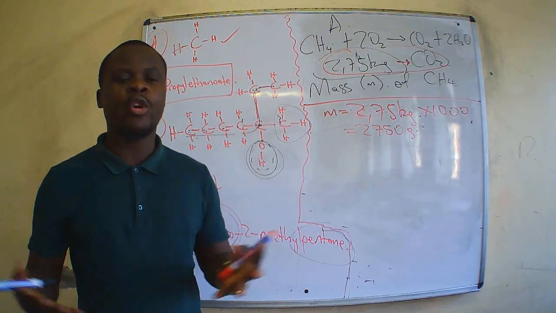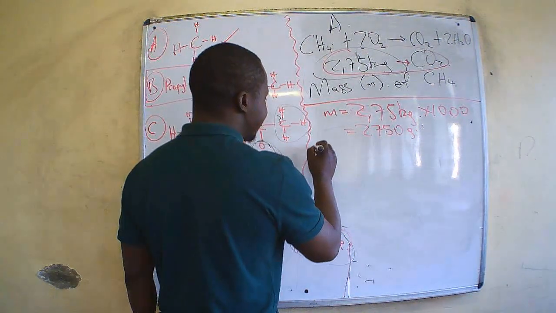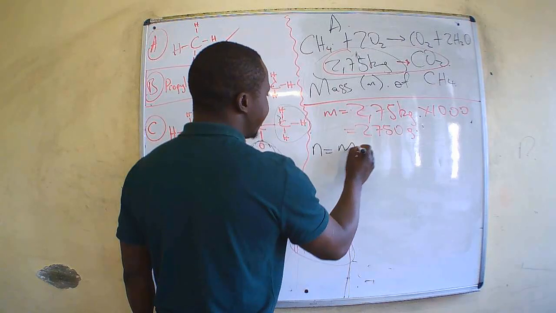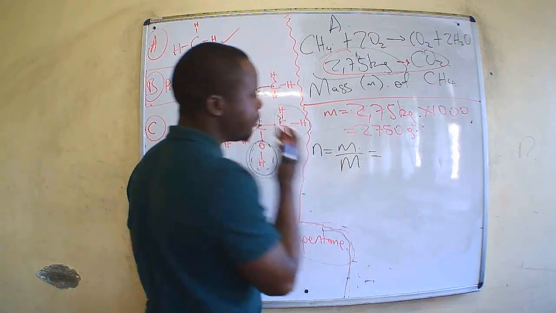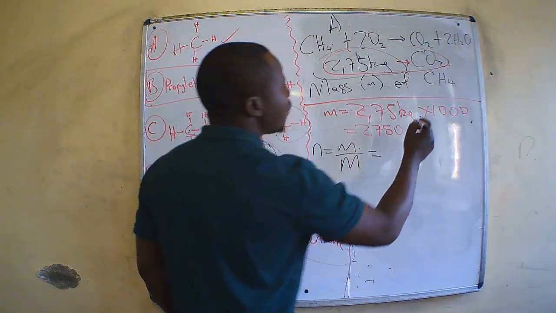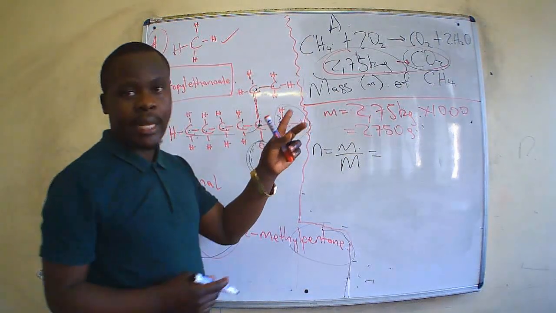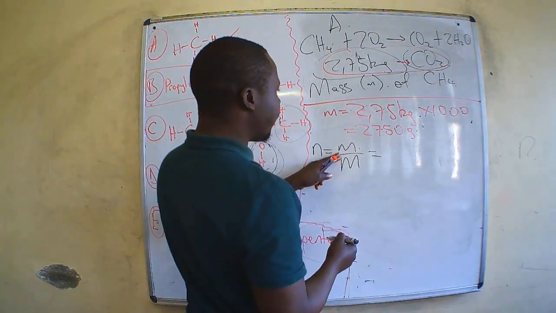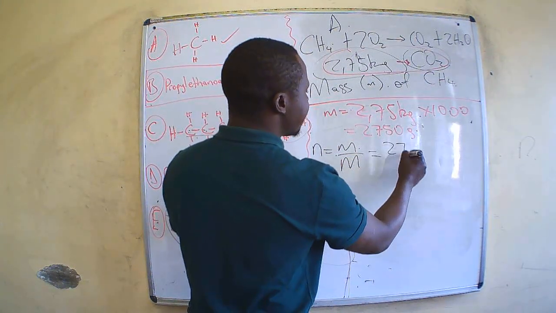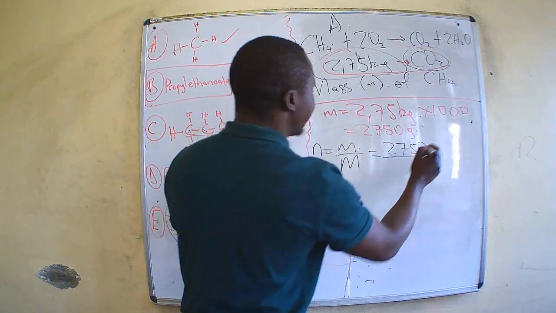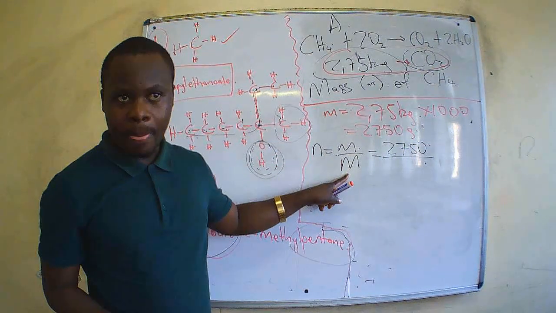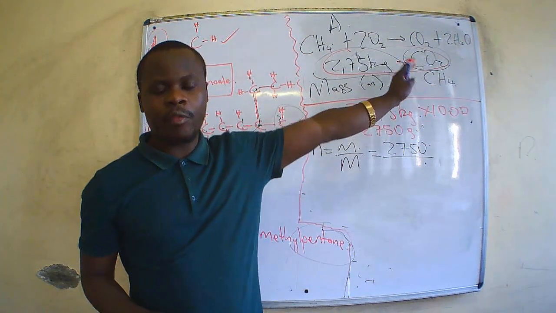So we are going to apply formulas for stoichiometry. The first formula is that n is equal to small letter m divided by capital letter M. We are dealing with CO2 first, carbon dioxide. So small letter m, we have 2,750 divided by capital letter M, the molar mass of carbon dioxide.